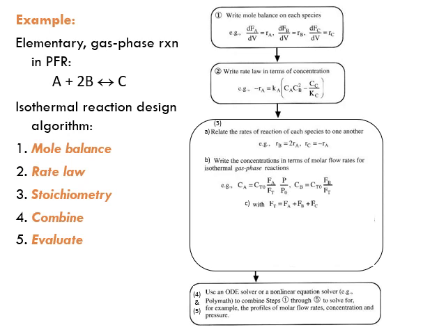So let's write the design equation in terms of molar flow rate. Here's my design equation, and maybe it's not clear, so let me circle it in a better way.